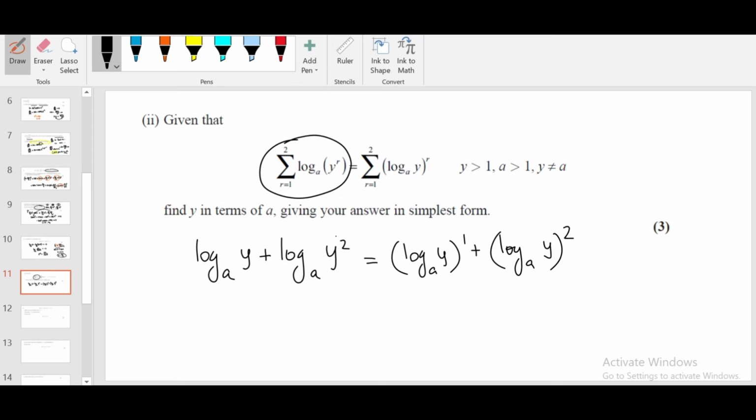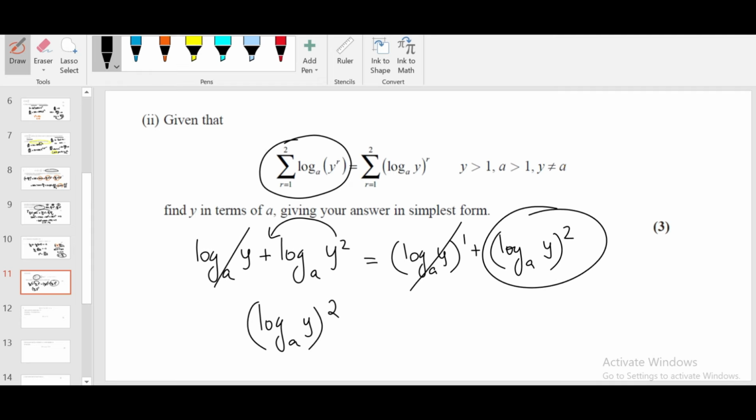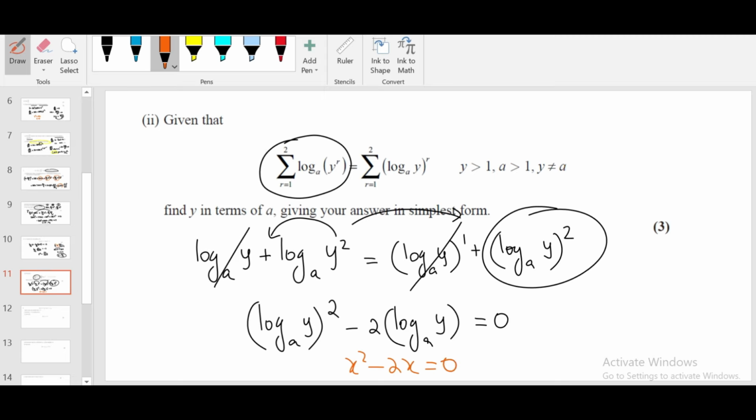So if I put this 2 in front by applying laws of logarithm, these two can be cancelled. So I will get (log y to the base a) whole square, that's this term, and minus 2 log y is equal to 0.